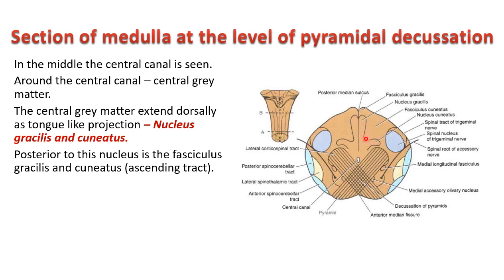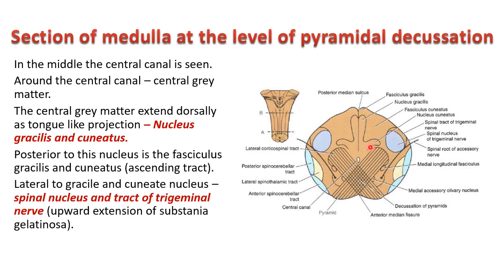Posterior to the nucleus gracilis and cuneatus, you have the tract, the fasciculus gracilis and fasciculus cuneatus. These fibers will be relaying into this nucleus, so that is why they are of the same name.